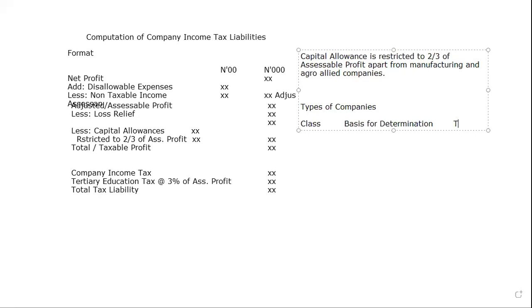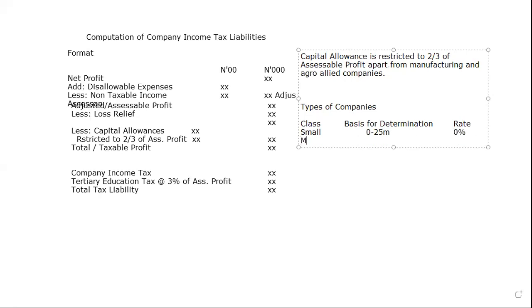And then we have the rates. We have three types of company. We have small company. How do you know a small company? A small company is a company whose turnover is between 0 to 25 million. Where a company's turnover is between 0 to 25 million, it is a small company. And the rate for determination of company income tax is 0%.